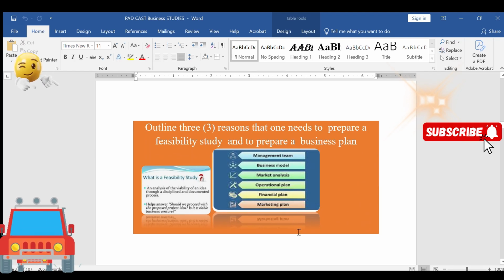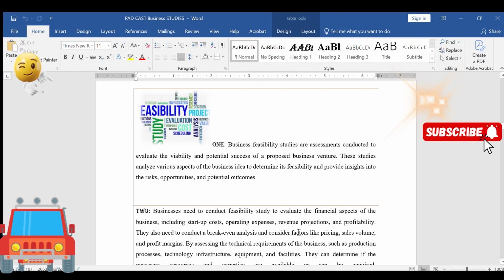So we have outlined 3 reasons that one needs to prepare a feasibility study, and to prepare a business plan. One, business feasibility studies.